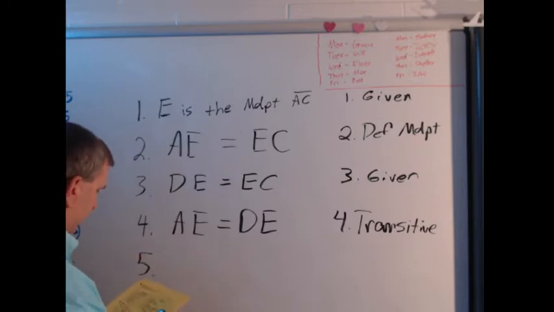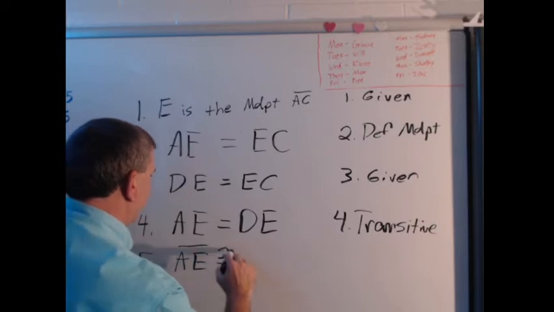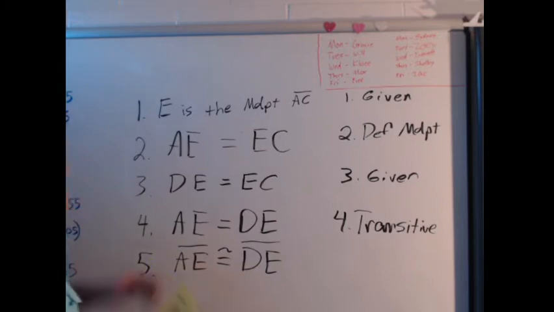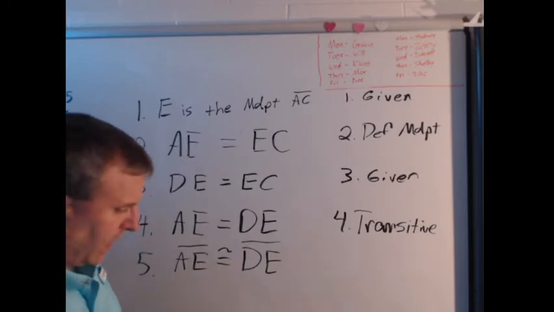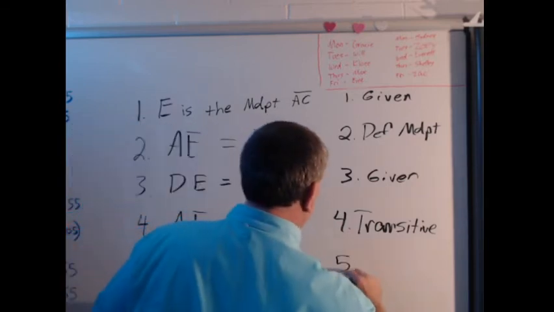Okay, and so now on step 5. If AE is equal to this, then I know that this is true. Now we could have held this all the way down and could have stopped basically here at step 4, but again, we're just trying to break this out into as many pieces as possible. So now on step 5, anytime I go from here to here, that's congruence.